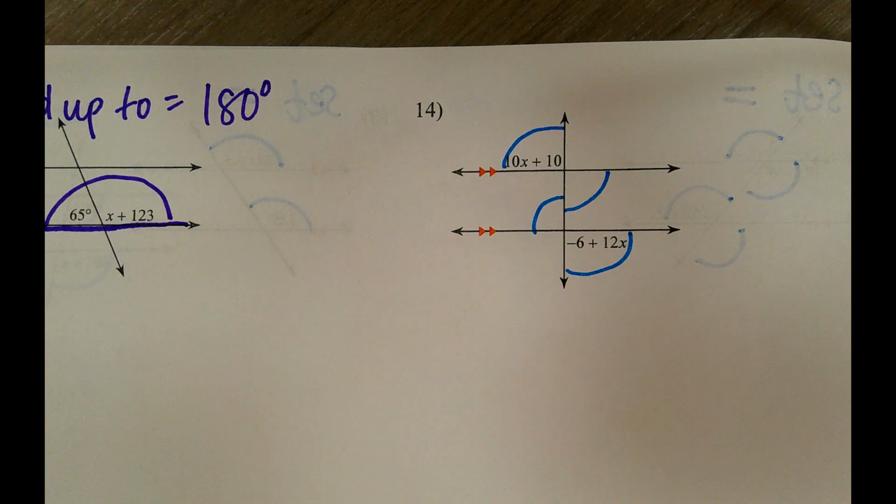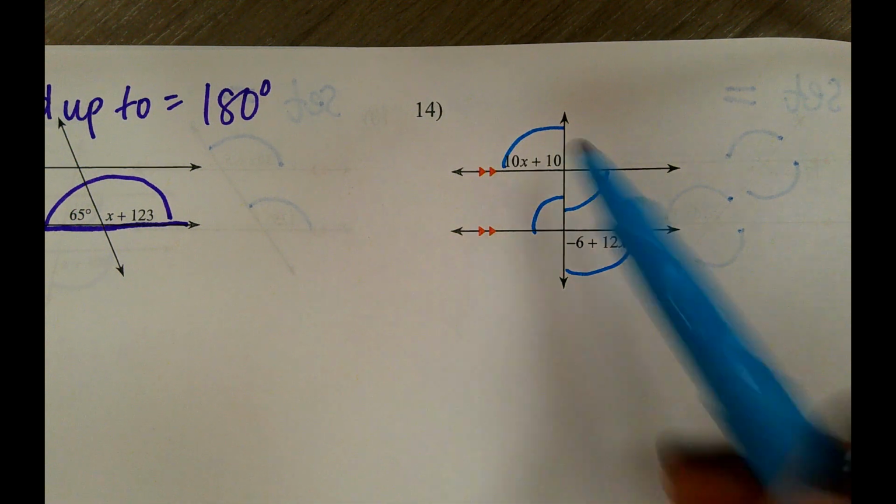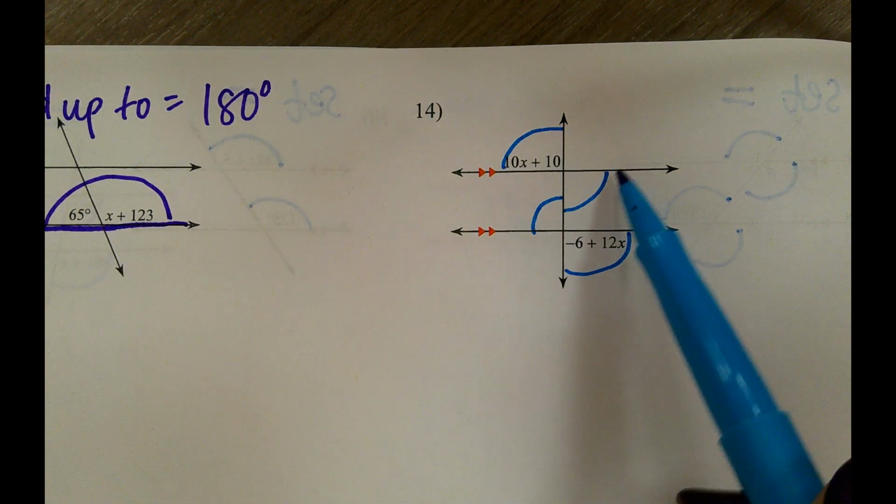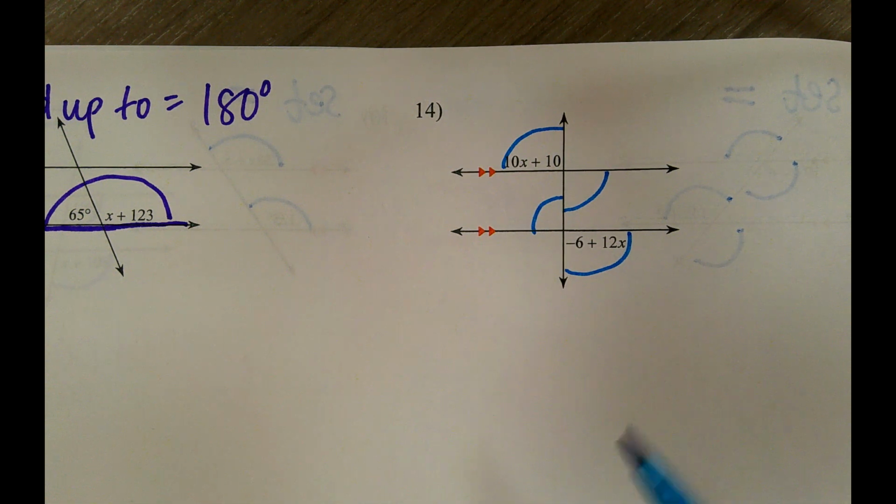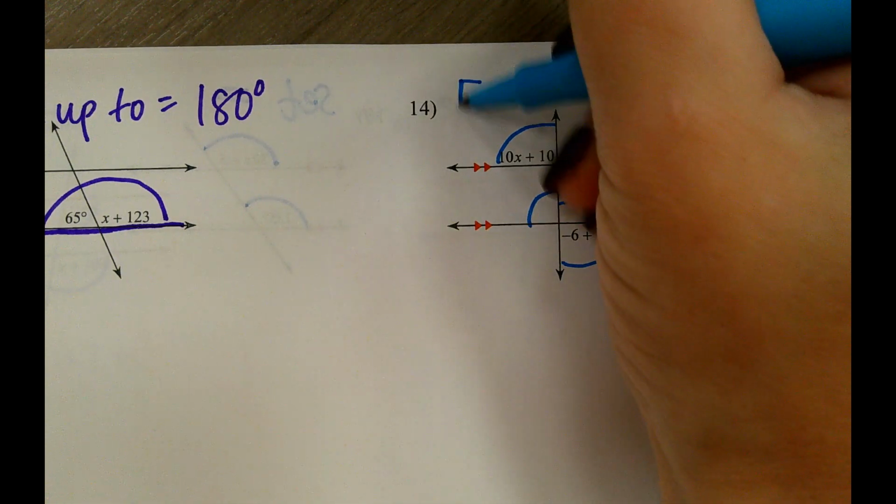Are we not sure? Equal. These are equal. See how the angles are all able to be the same color here? These are all equal.